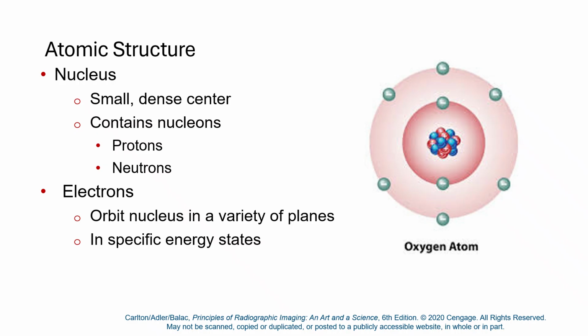And then orbits and electrons. Electrons orbit the nucleus in a variety of planes, actually in a variety of cloud-shaped probability areas, if we're being specific. But these are not the physical orbits. They don't spin around in a circle like a merry-go-round. Okay? They do, however, reside in higher and lower energy states as they're whizzing around the nucleus.